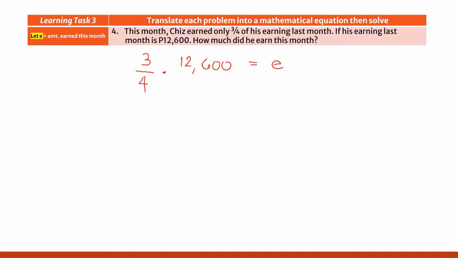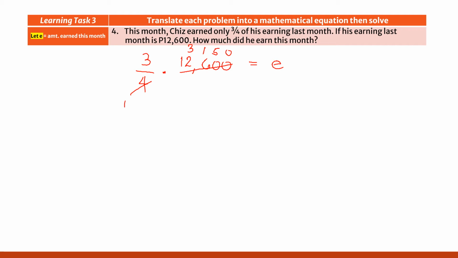Well, you can divide 12,600 by 4 exactly. So, kapag kinancel natin itong 4 at saka itong 12,600, magkakaroon ka ng 3,150. Okay? And 4 divided by 4 is 1. So your new problem now is 3 times 3,150.